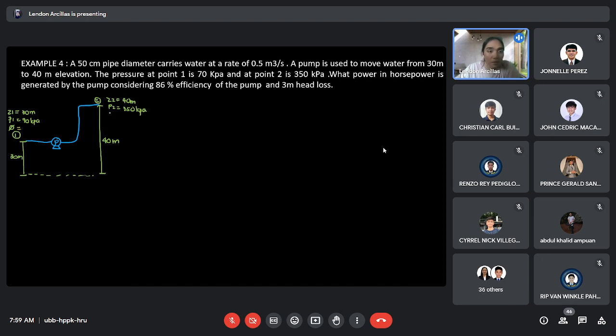So meaning, point 1 and point 2 have the same diameter, 50 centimeter. Okay, so what is being asked here?